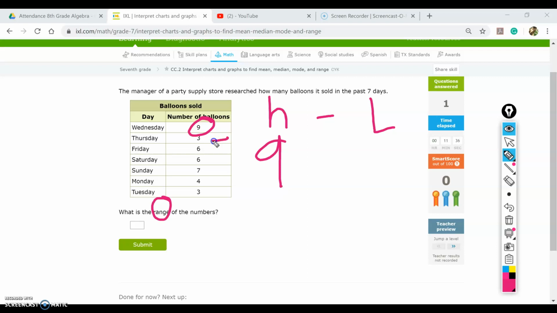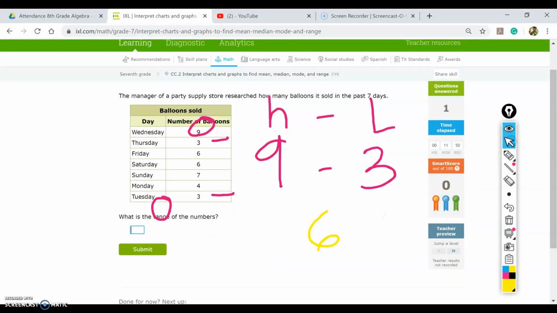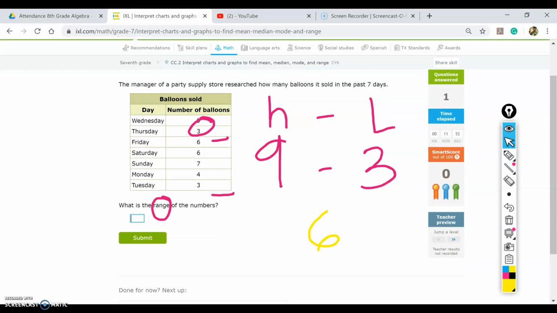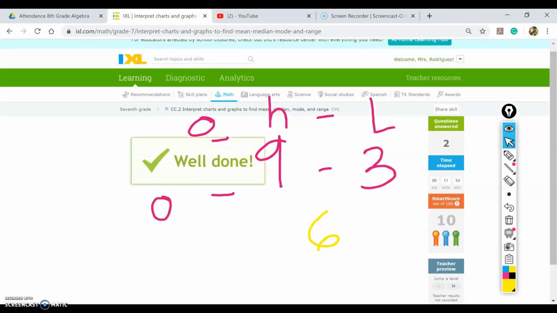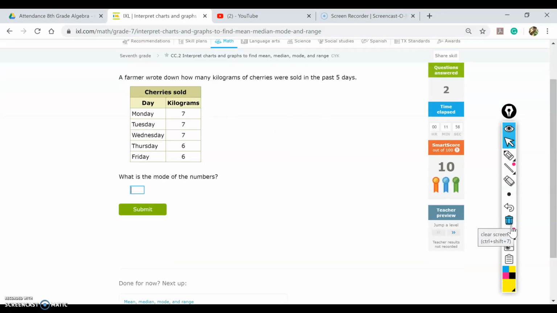We have 2 3s, this one here and this one here. It doesn't matter which one you use. If I find the difference between them, that would be the range of this table. So 9 minus 3 is 6. So the range is 6. Now let's see if that's true. Okay, it is true.